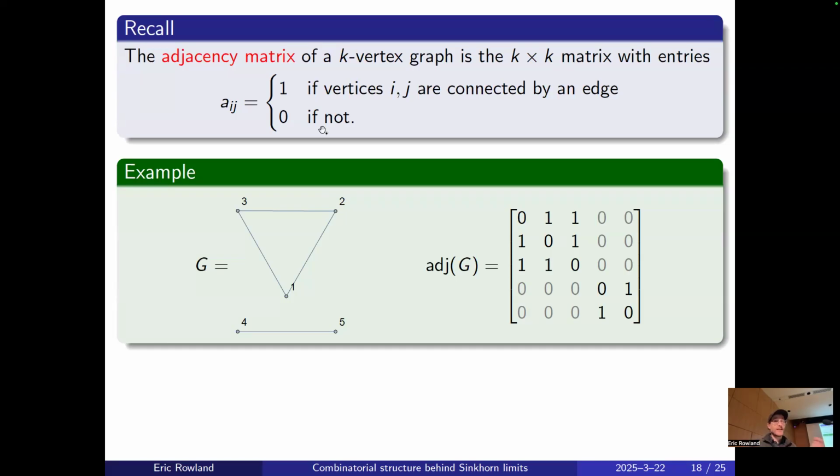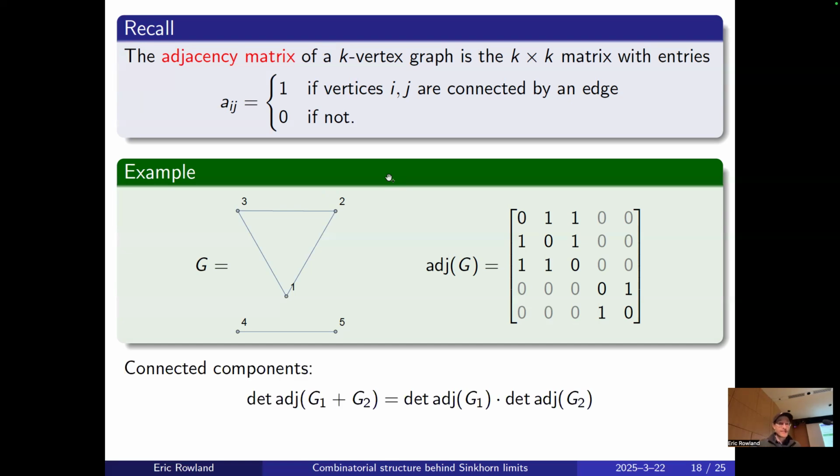The ones tell you which vertices are connected to each other. So you get a 1 in the ij entry if vertices i and j are connected by an edge and a 0 otherwise. So for this graph here, this is its adjacency matrix. This one right here, this is in the first row and third column. So this is telling us that vertices 1 and 3 are connected by an edge.